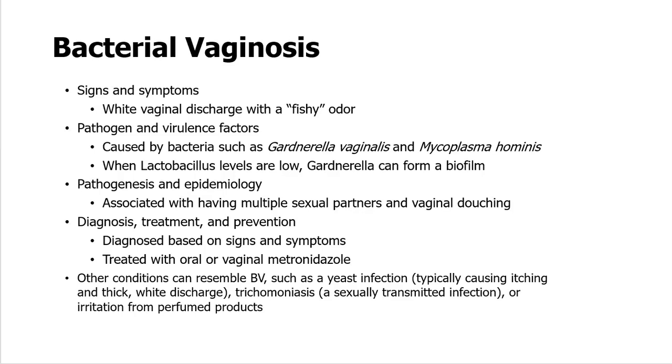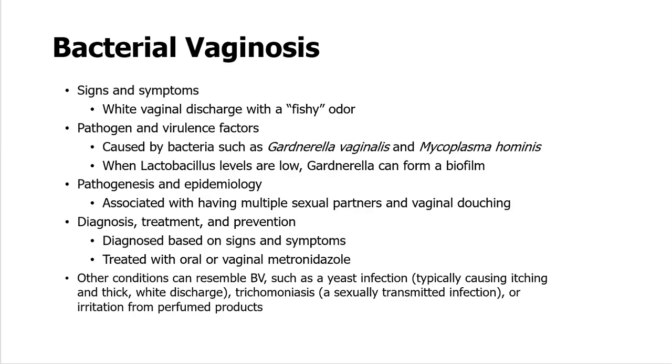Bacterial vaginosis. This is a non-sexually transmitted disease, depending on what it is. Typical signs are a vaginal discharge with a fishy odor, usually caused by Gardnerella. When the lactobacillus levels are low, Gardnerella can form a biofilm.